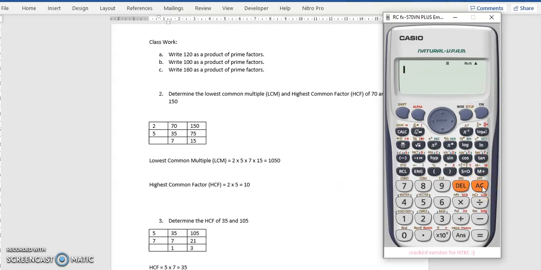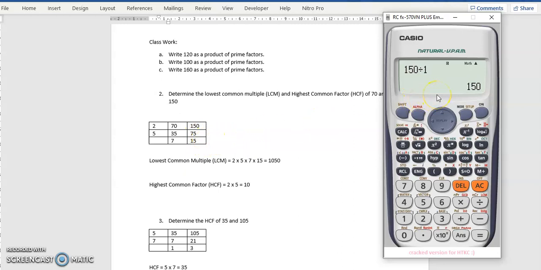Oh, okay, let me try 1 and see. 150 divided by 1. It gives me 150. But I've not done anything. It's the same. The number must reduce. Alright. So we can't use 1.